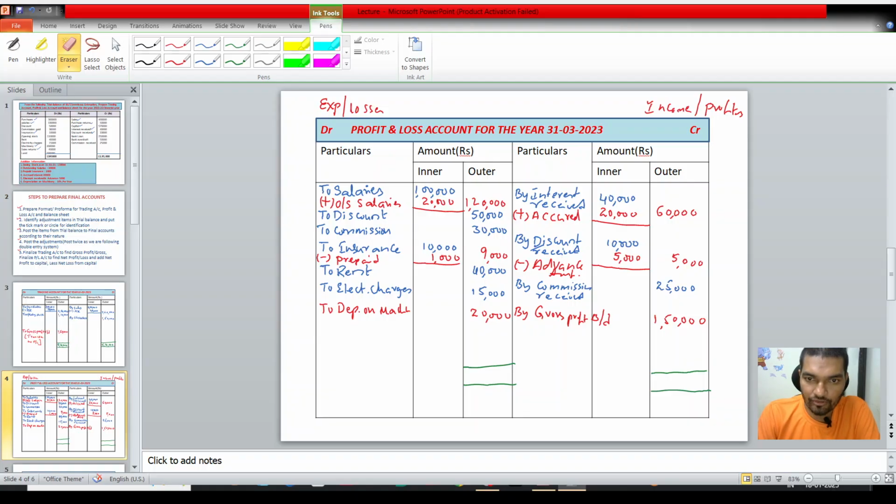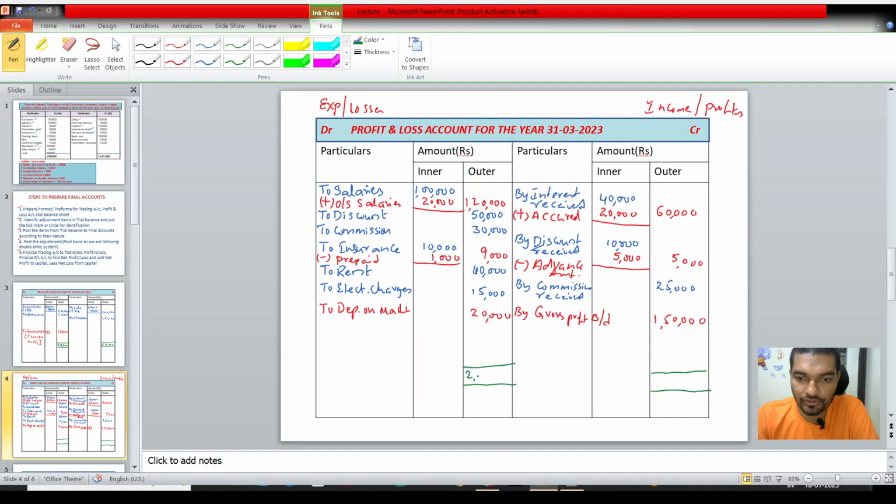So 1,20,000 plus 50,000 plus 30,000 plus 9,000 plus 40,000 plus 15,000, 20,000. So 2,84,000. The debit side balance is 2,84,000.